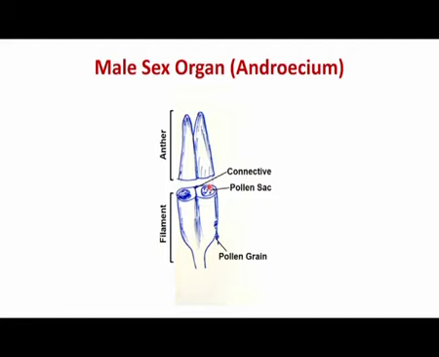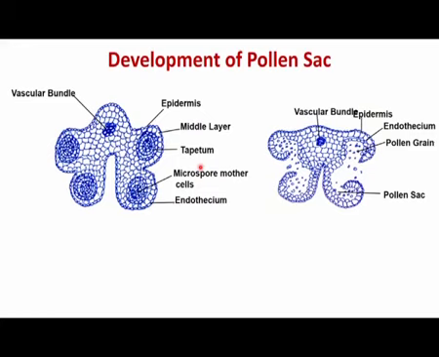So, let us see how the development of the pollen sac, or the microsporangia, takes place in angiosperm plants. This is the structure of a pollen sac under the course of development.